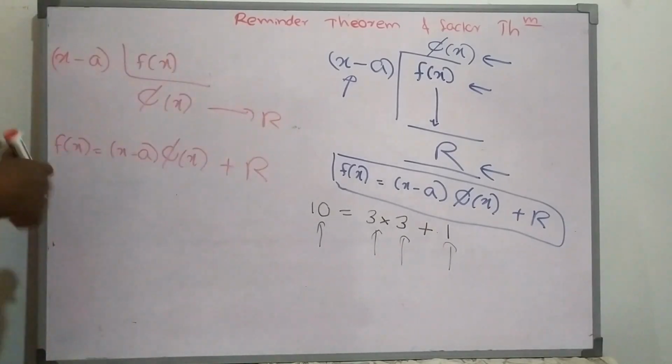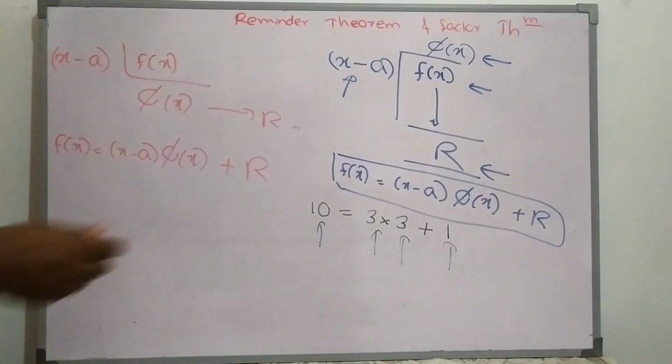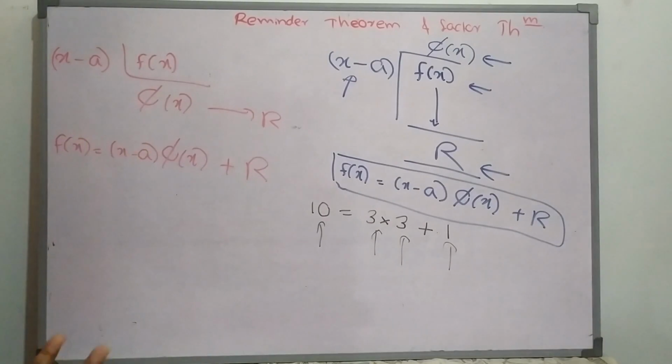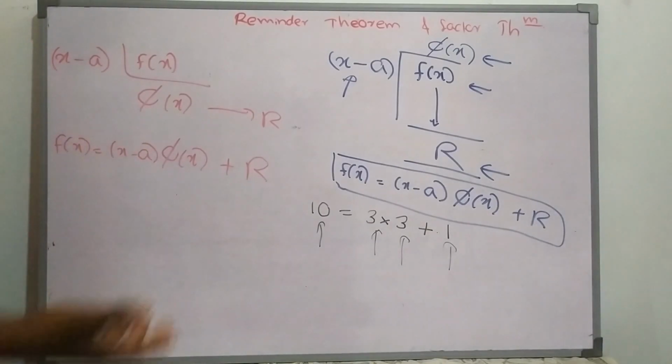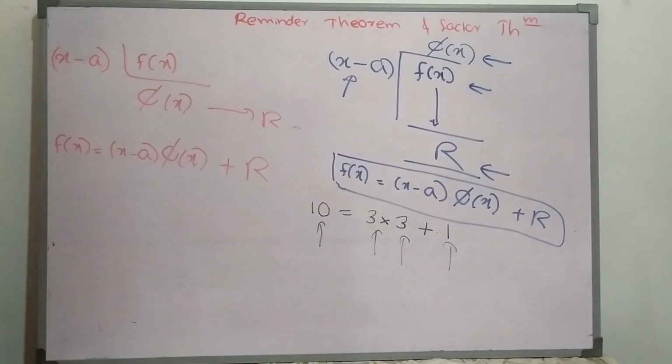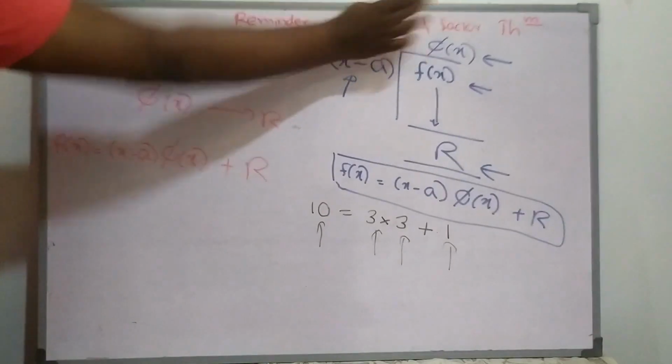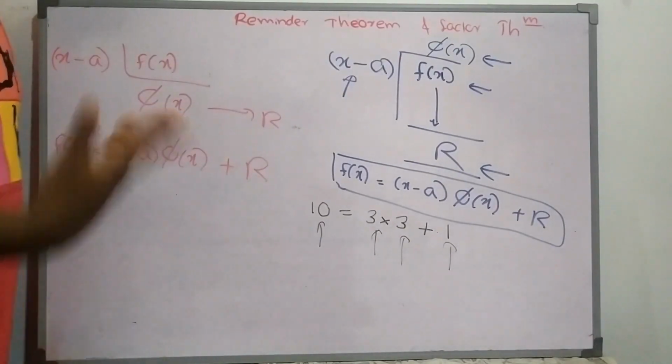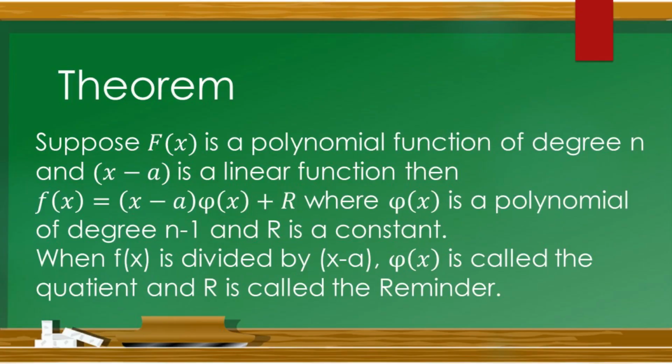Once r is 0, that theorem is known as the factor theorem. Like 10 divided by 5, the quotient is 2 and the remainder is 0. Once the remainder is non-zero, we are in the remainder theorem, right? So it is the same theorem with two different remainders. That is the basic idea about the remainder theorem and factor theorem.